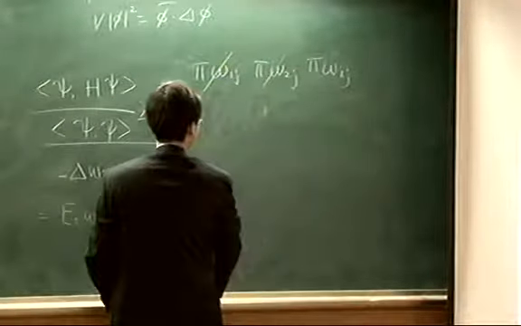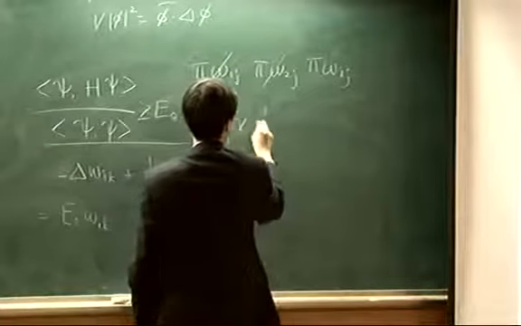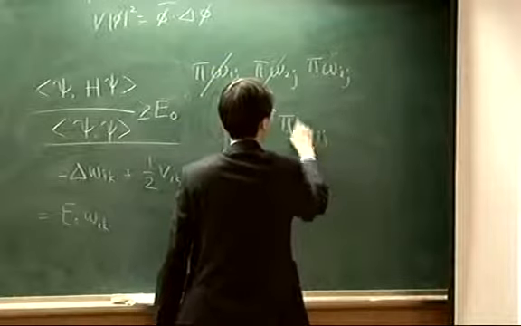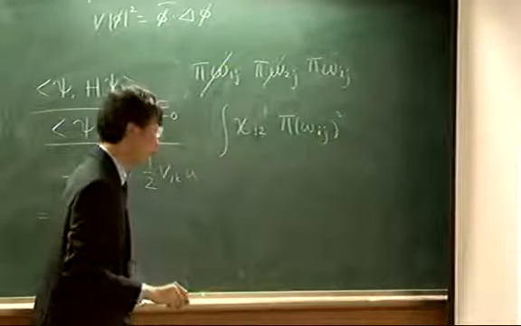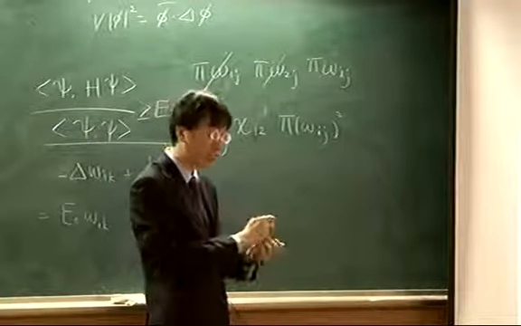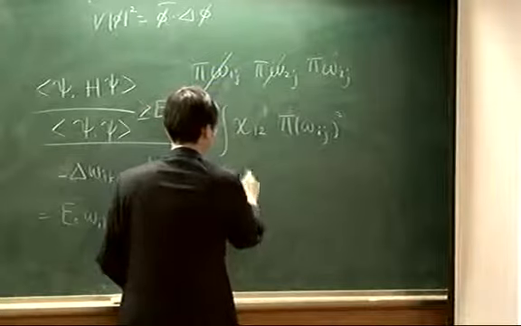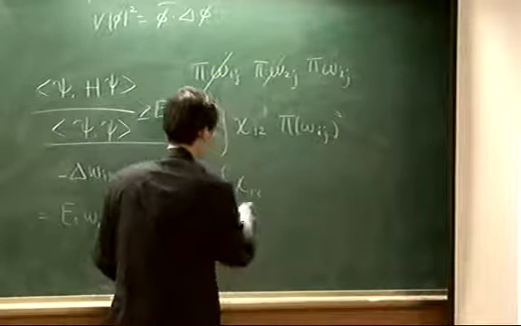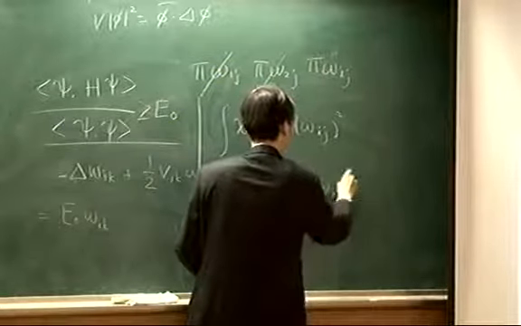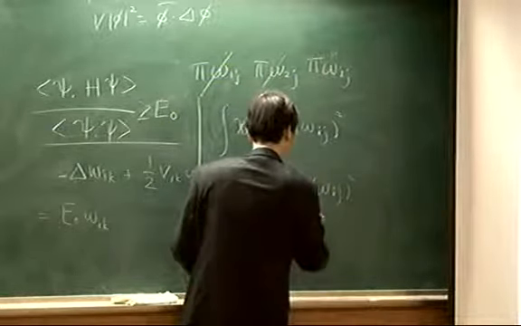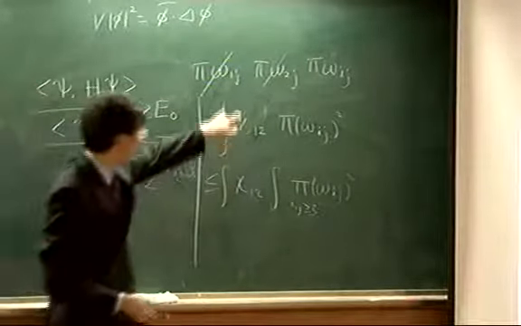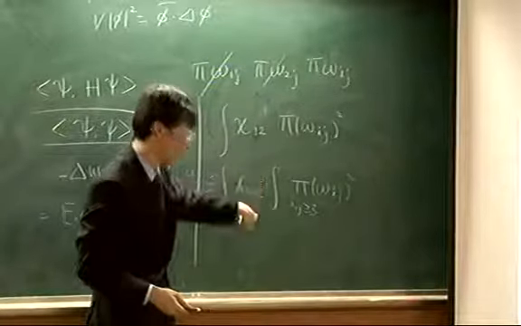We can perform the first two integrations with respect to x1 and x2, so that this is less than chi 1,2 times the other omega ij squared with i and j bigger than or equal to 3. We ignore the others, and this becomes larger.